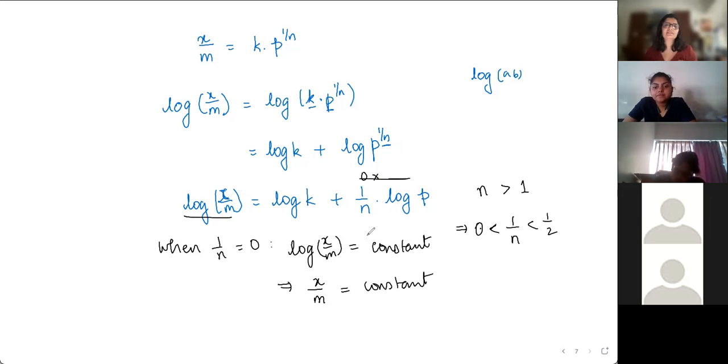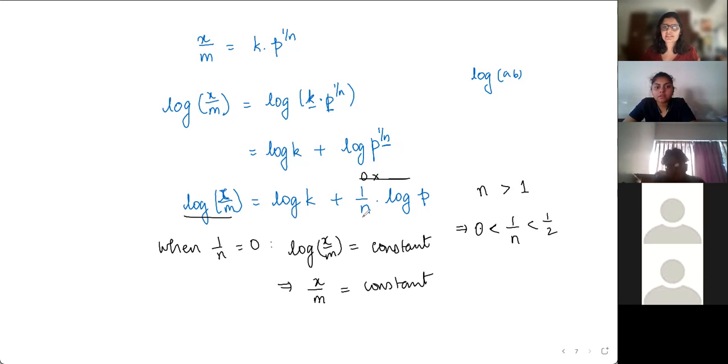Which means that at extremely high values of n, when 1 by n is almost 0, the quantity that is adsorbed will not depend on the pressure. It's going to be a constant value.